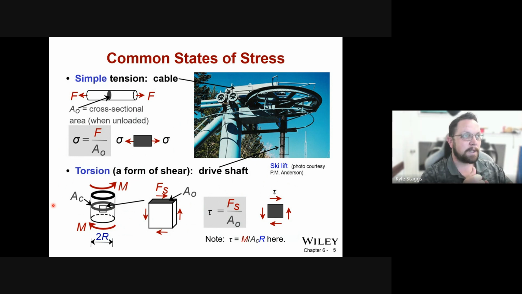So you have the simple tension stress in both directions, so tensile stress in both directions. That's always going to be denoted by sigma here.